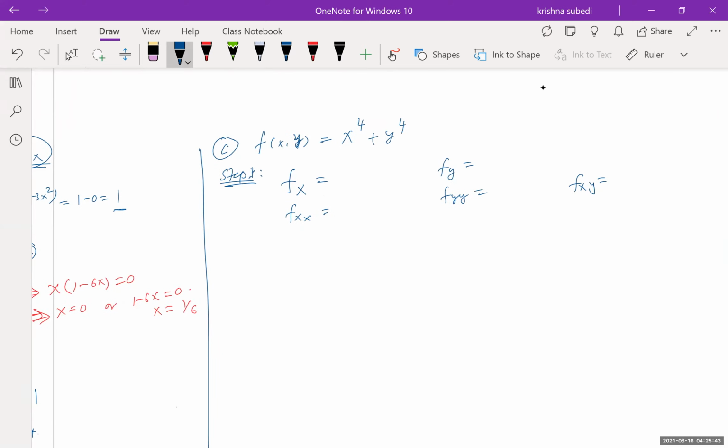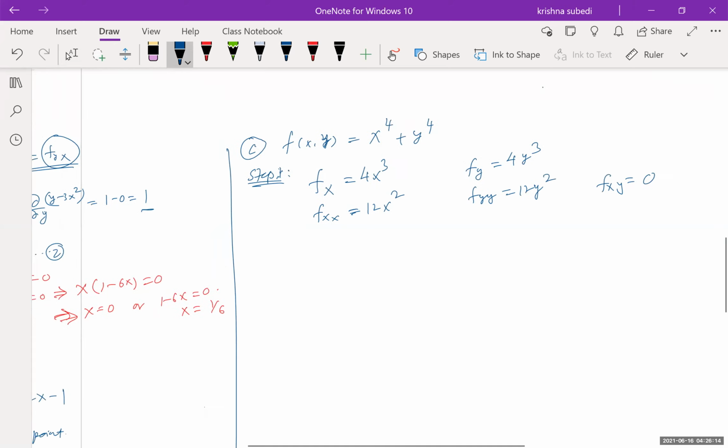So f sub x will be 4x cubed, and the partial derivative with respect to y will be 4y cubed. The second partial derivative with respect to x will be 12x squared, and this one is going to be 12y squared, and f sub xy is going to be 0. Okay, that's what we got.